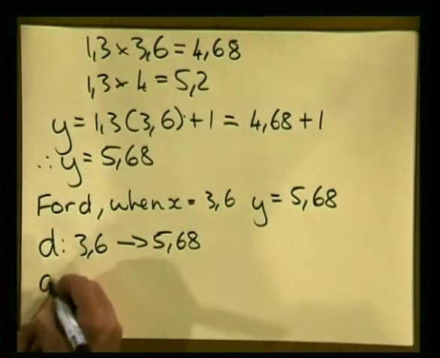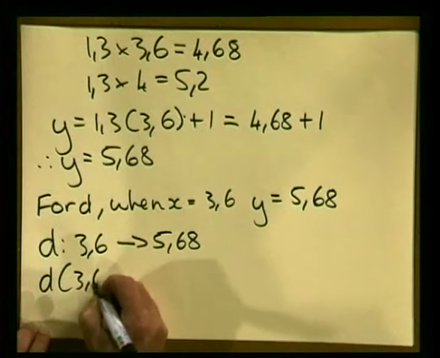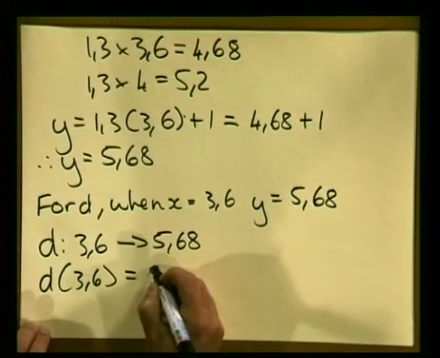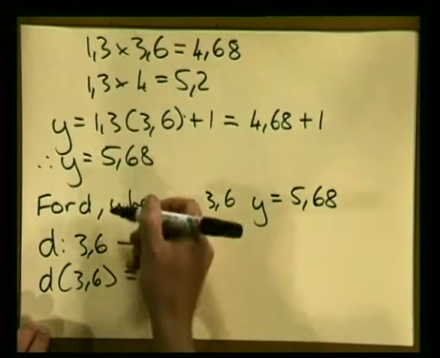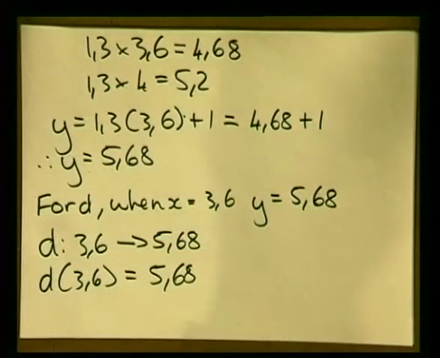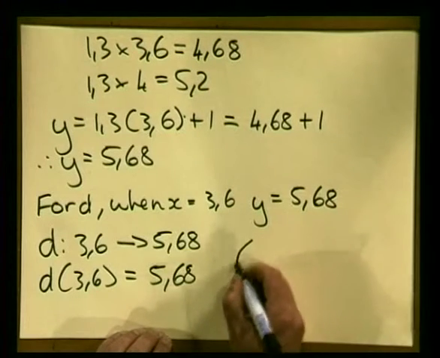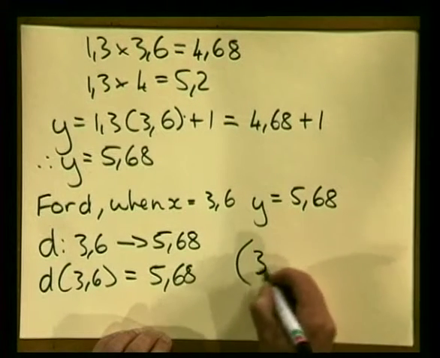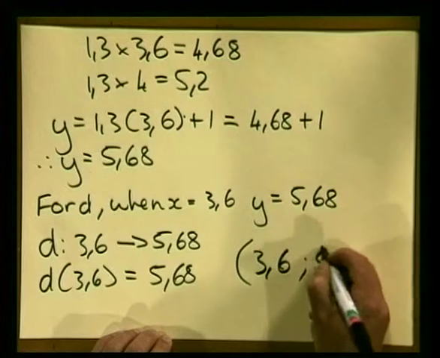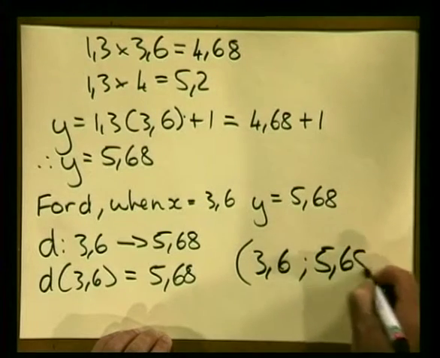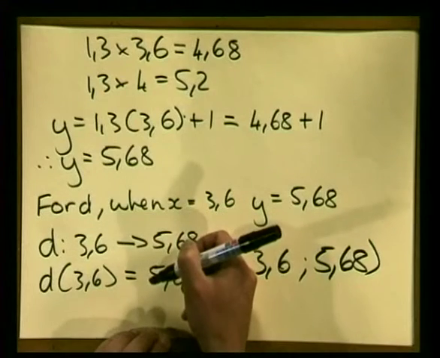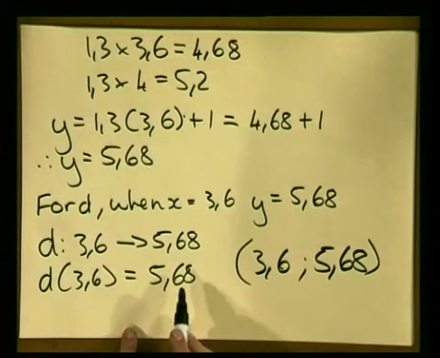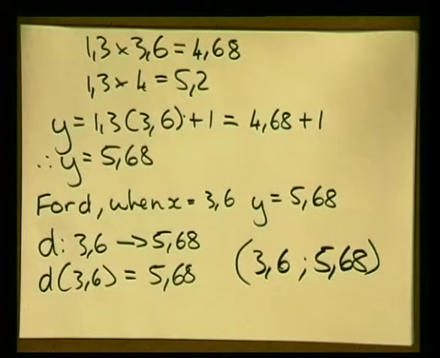Or lastly, d of 3,6 is equal to 5,68. Now, all three of these notations tell me exactly the same thing. They tell me that I have the following ordered pair: (3,6; 5,68). But what these different function notations allow me to do is to write mathematical equations clearly and logically.